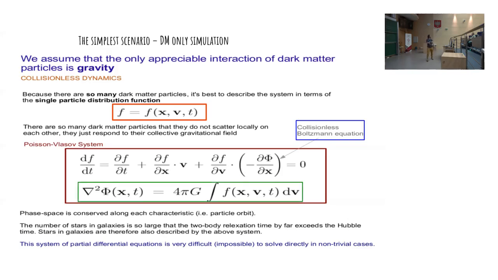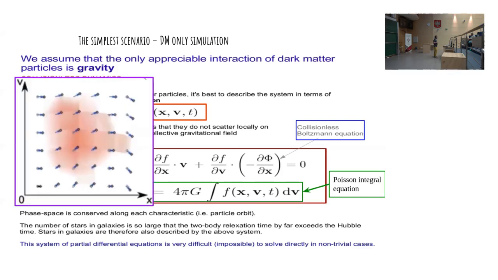And for the first time, I think, I give it here in the integral form, not in the differential form. Very simple: the Laplacian of the potential corresponds to the fluctuations of the density distribution. All right, and this basically tells you that you can use the fact that the phase space density is conserved along the characteristic, and use these particles that you throw into your computations as Monte Carlo traces of the underlying smooth phase space for dark matter.